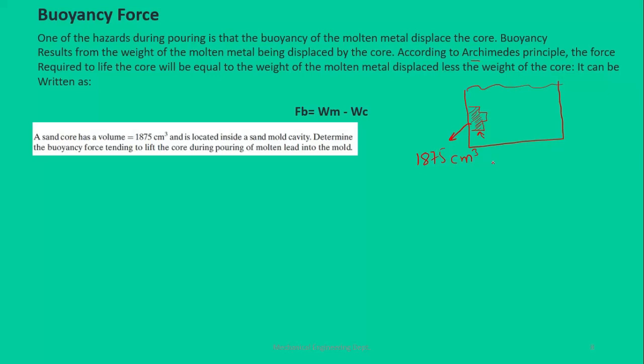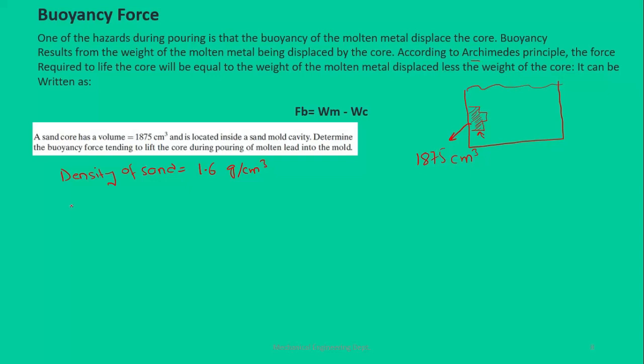Determine the buoyancy force. The density of the sand, as per your book, is 1.6 grams per centimeter cube.